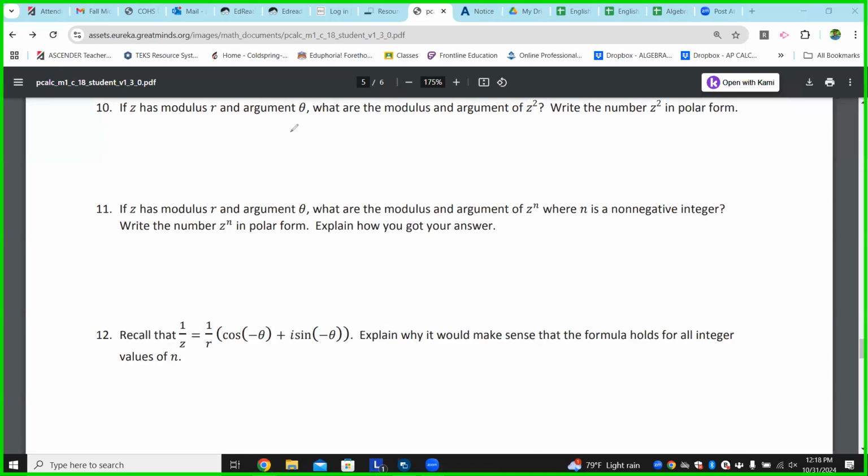To write this in polar form, what would my r or my modulus be of z squared if I don't even know what z is? How would I figure it out? It's just going to be whatever the r of z is squared. That's what the exponent is, times the cosine of what is my angle going to be? Very good. I'm going to write it as 2 times theta. So I don't need to know what theta is. I just need to multiply it by 2 and then plug it in for each one.